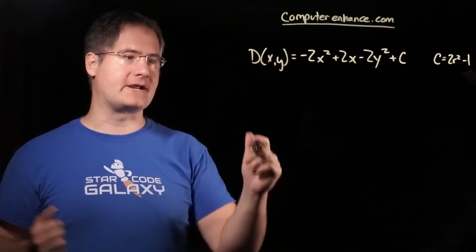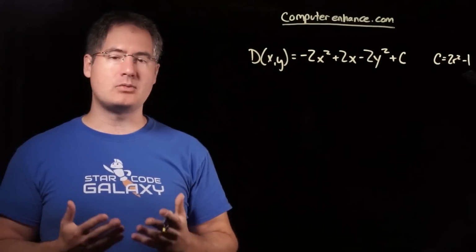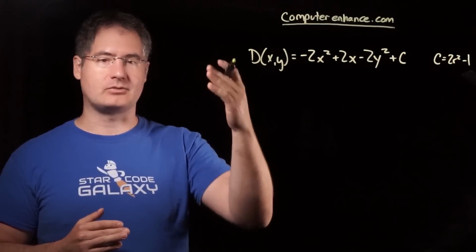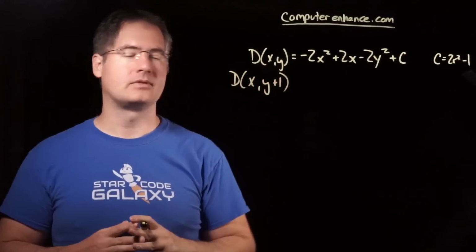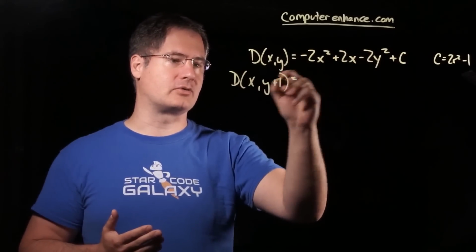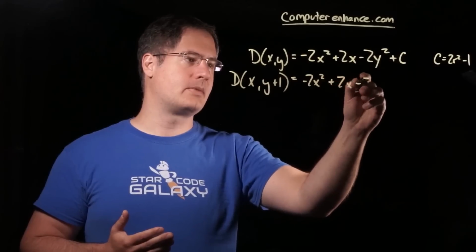Well, how would we do that? Pretty straightforward. If we're at a particular pixel, dxy, and we want to know what would happen if we move to a pixel like dxy plus 1, all we have to do is plug that into our equation. So x stays the same, negative 2x squared plus 2x minus 2.